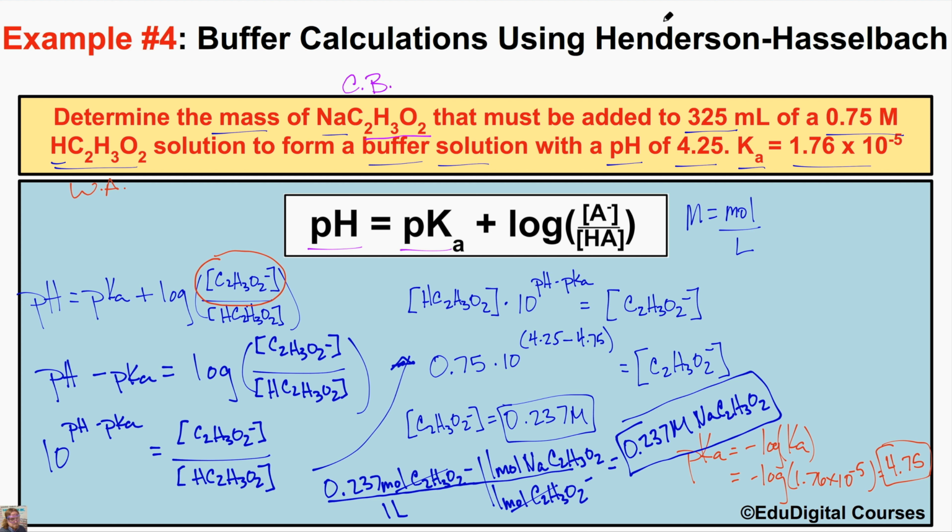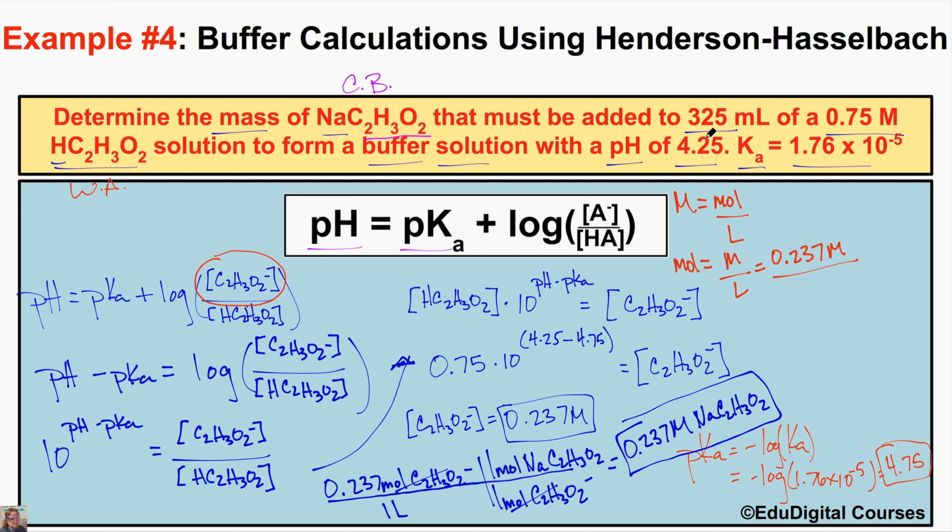This is not our final answer. In our final step, what we're going to have to do is use this molarity formula right here. Molarity equals moles per liter. And so if we manipulate this formula, we're going to be left with moles equaling molarity times liters. And so what is the molarity of our NaC2H3O2? It's right here, 0.237, divided by the number of liters.